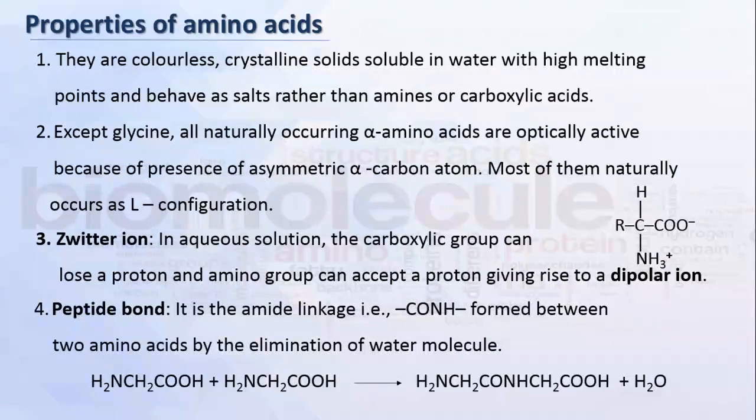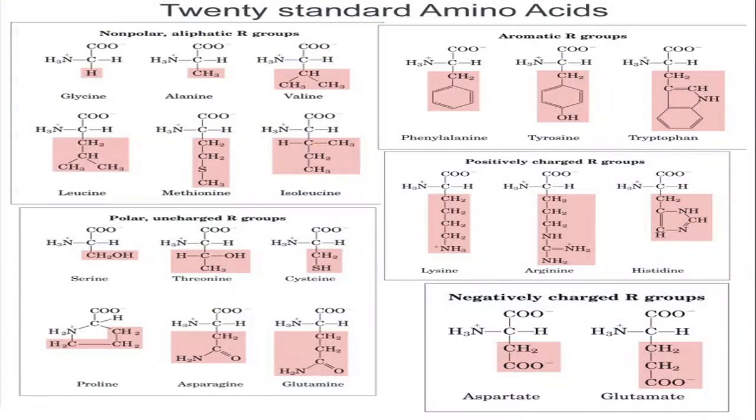A peptide bond is the amide linkage formed between 2 amino acids by the elimination of a water molecule. Here there are 2 glycine units combining to form a dipeptide by losing a water molecule, and that's the amide linkage. There are some 20 standard amino acids.